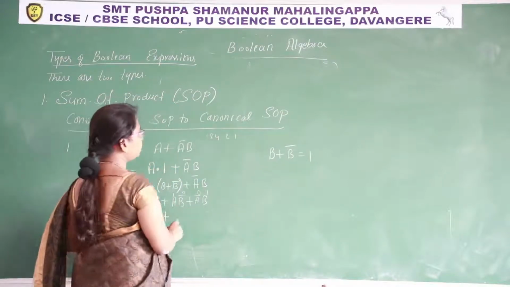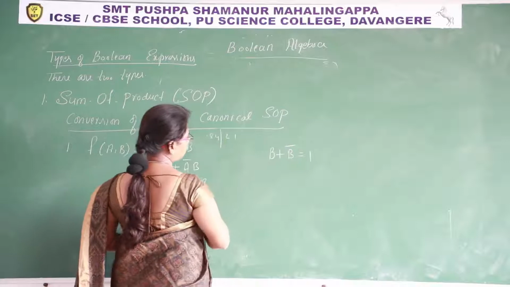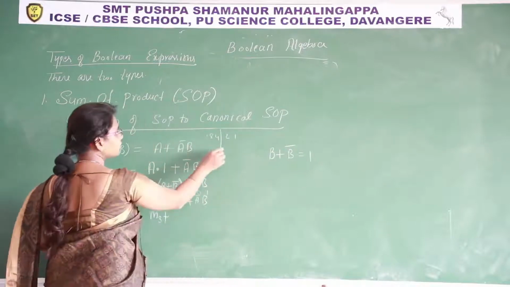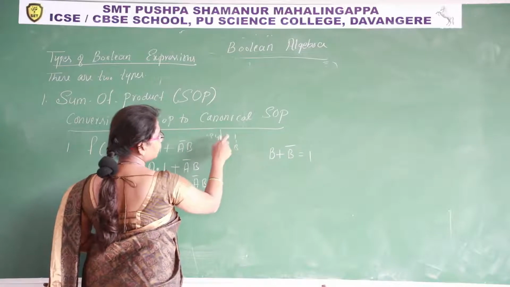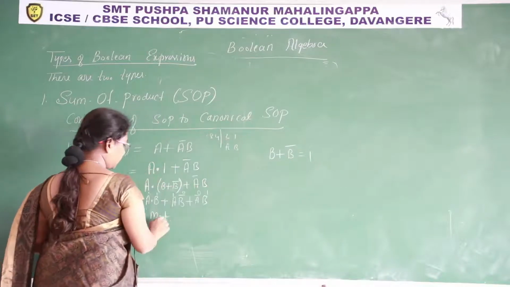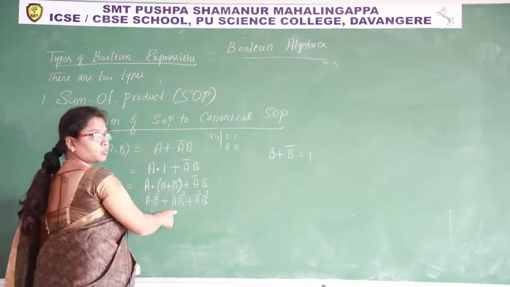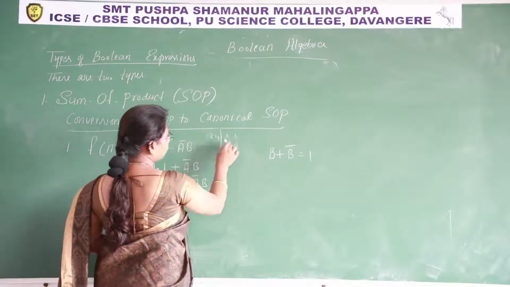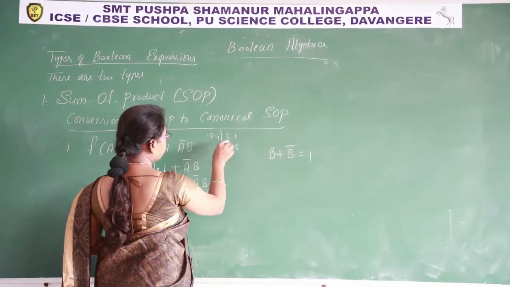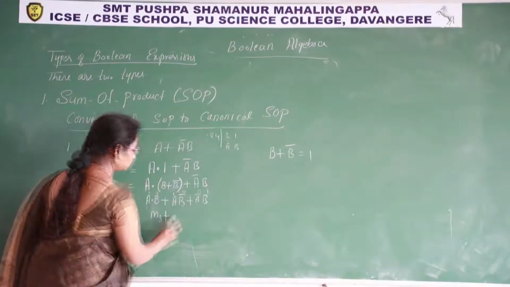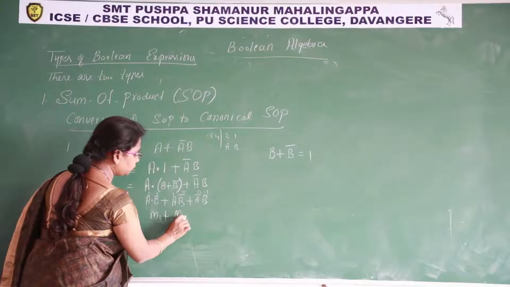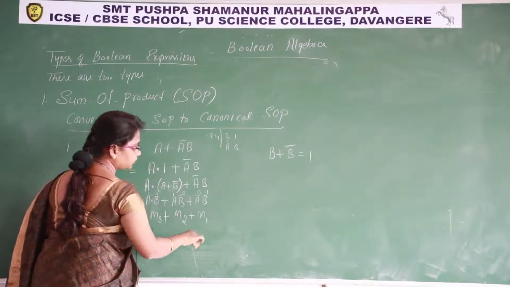Here only 2 variables, so I should consider these 2 bits. So AB is 1 1, 2 plus 1 is 3, M3. Here 1 and 0: under 2 I write 1, under 1 I write 0. The value is 2, M2 plus M1.